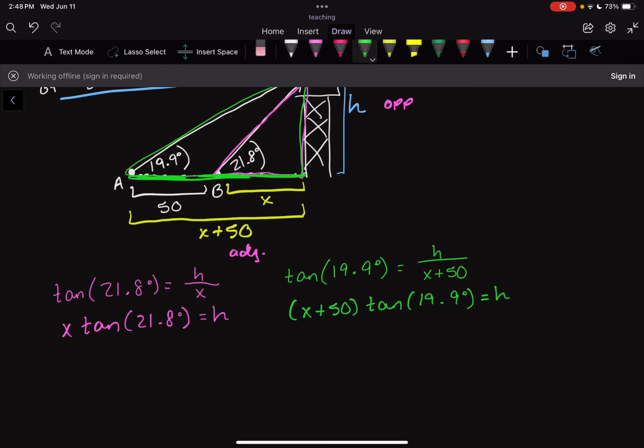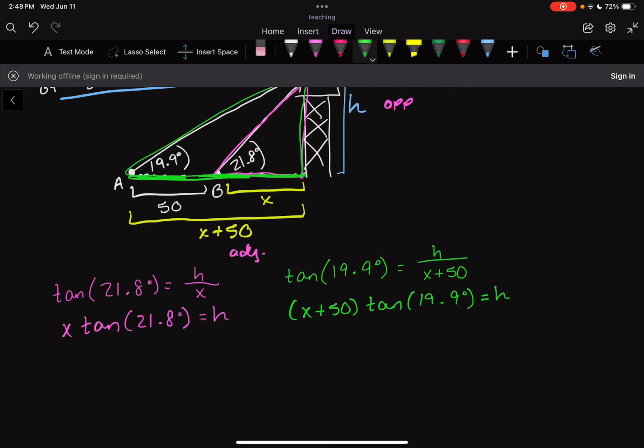If you solve both of these for x right now and set them equal to each other and solve for h, it's just harder algebraically. But I just want to point out that technically there's two different ways to approach this problem, and you could choose either one.